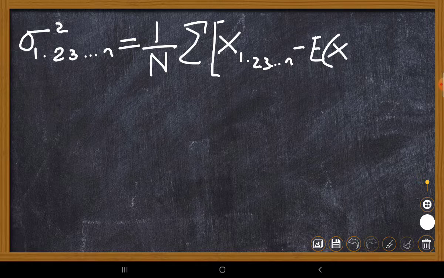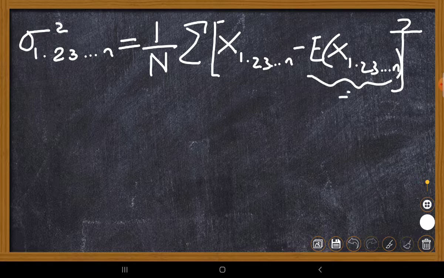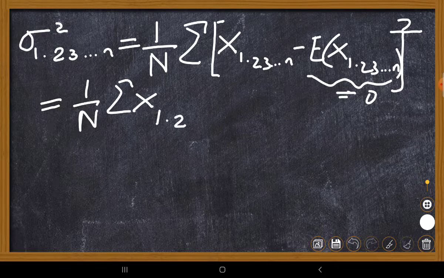This is the formula of variance only, there is nothing new here. We already know that the expectation is equal to 0, so this is just 1 by n summation x1.23 up to n square.